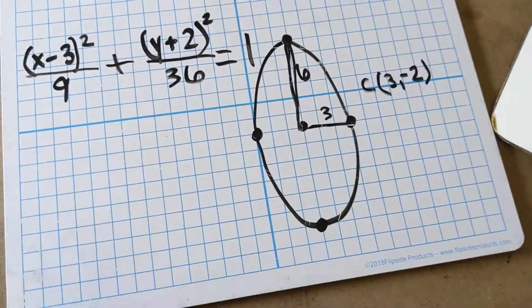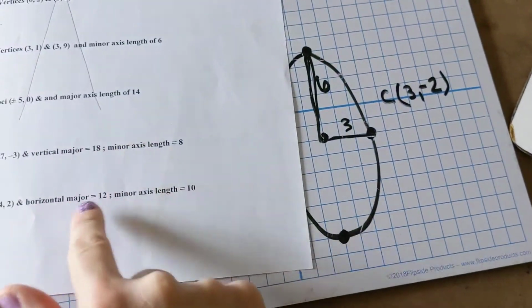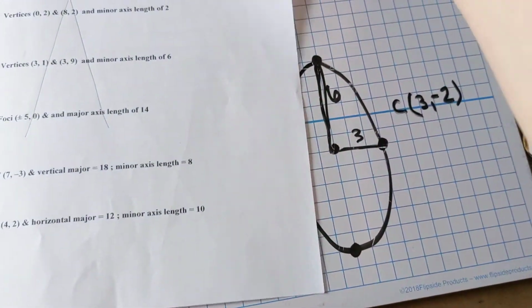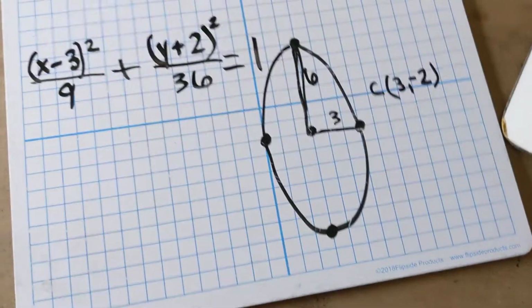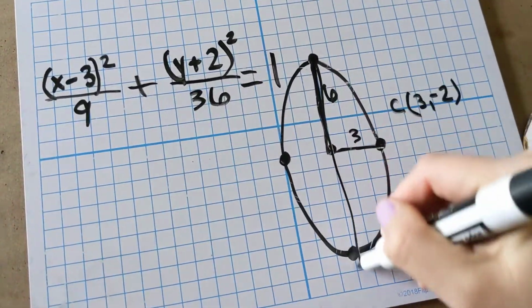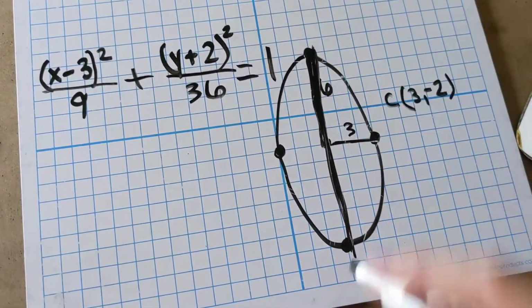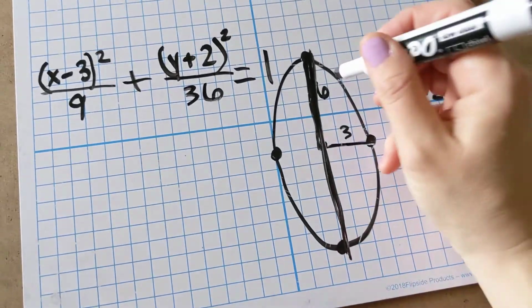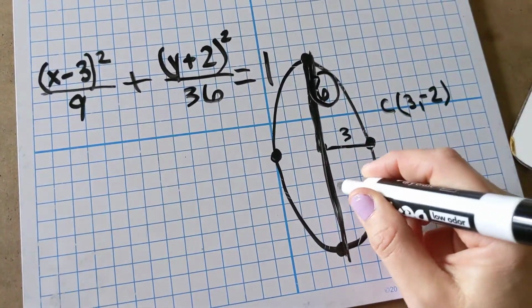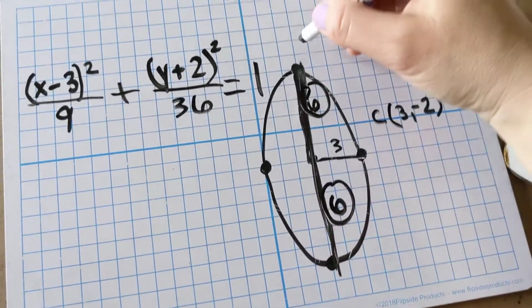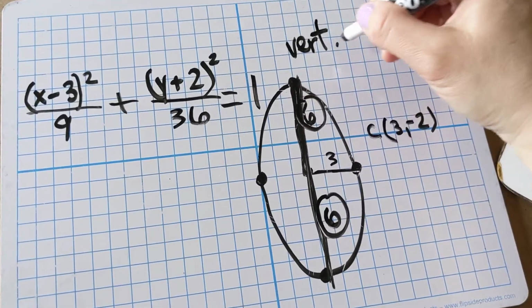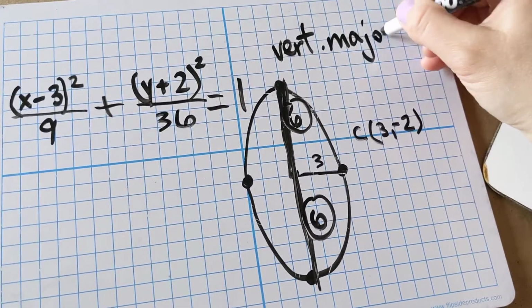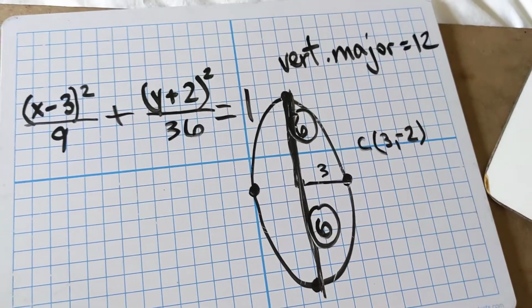On those bottom 2, when they give you those numbers, that is the whole distance. So like on here, if I were to tell you the vertical major, that would really be 12 because this is 6 and this is 6. That would have a vertical major of 12.